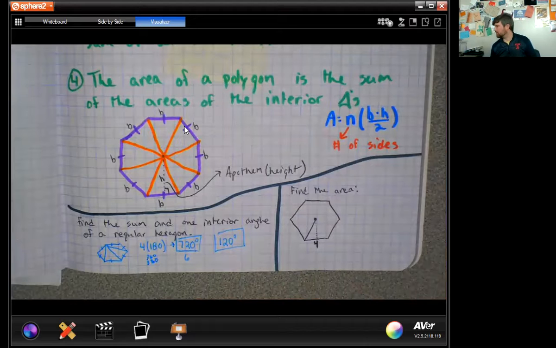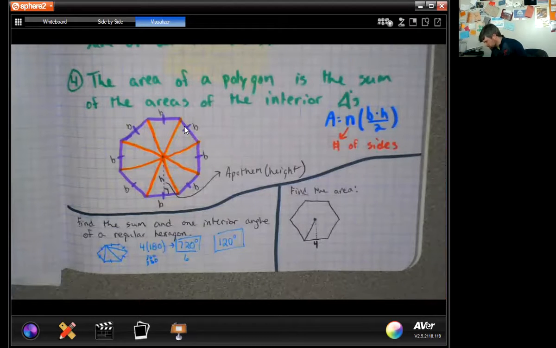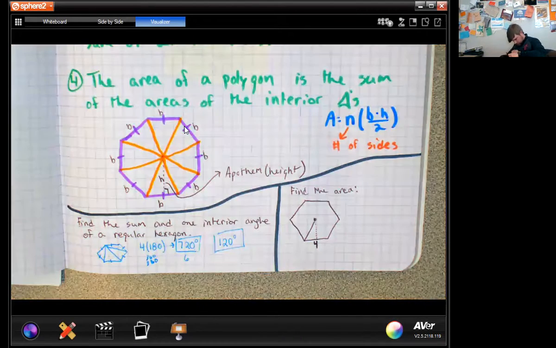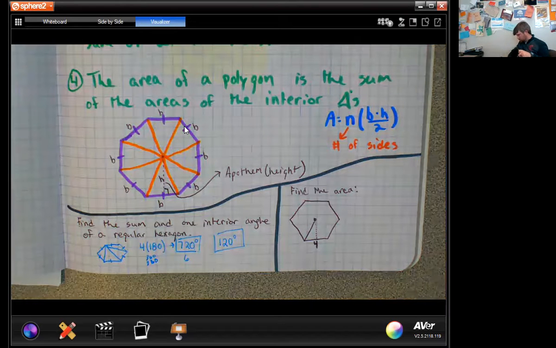If I could find my calculator. Here it is.